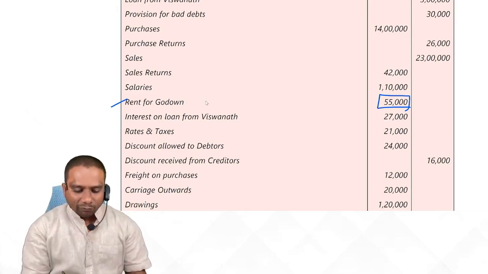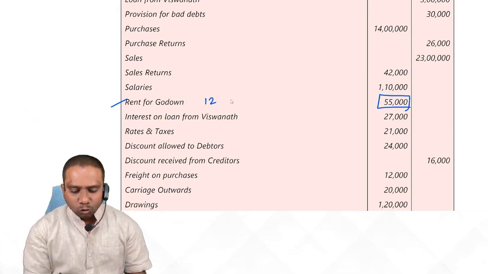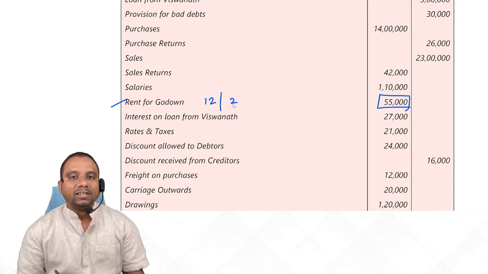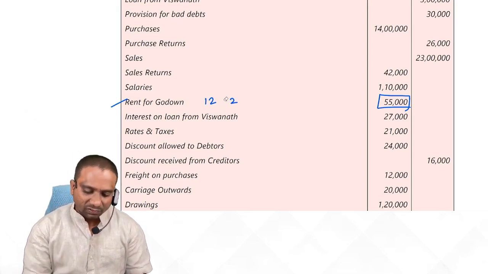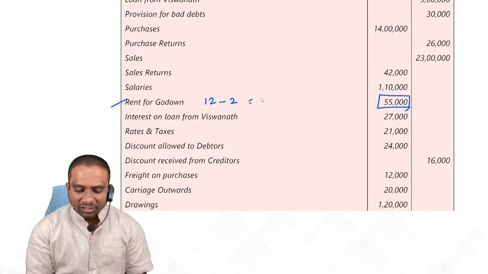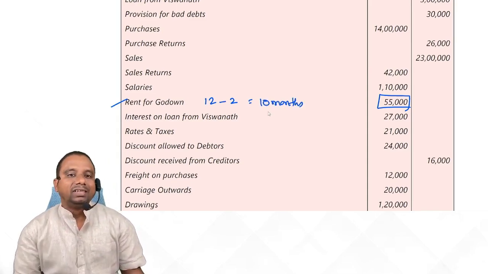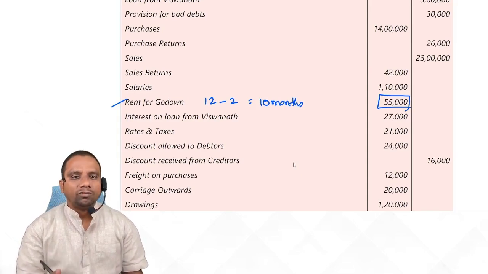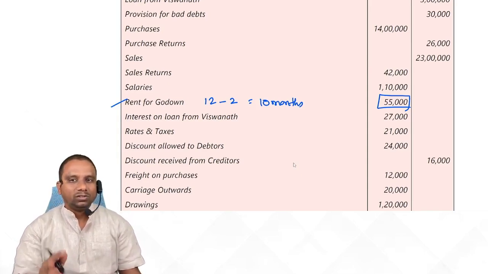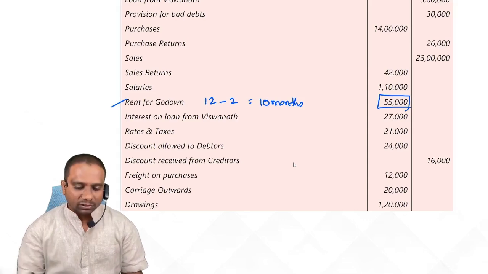In a year we have 12 months. They are saying 2 months godown rent is outstanding. Means whatever the rent they have given is for 10 months. So per month rent is how much? 5,000. 5,000 into 2, 10,000 rupees. Is it clear, students?